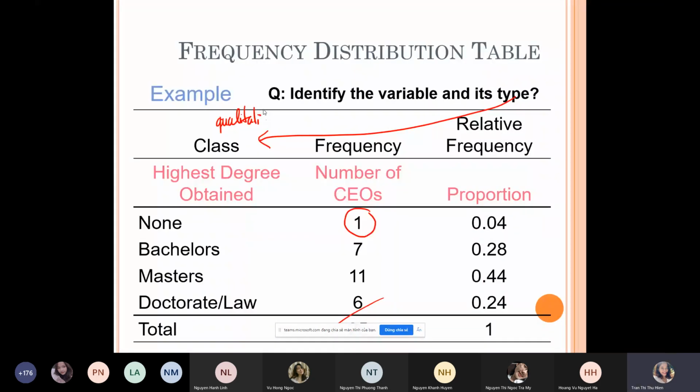What about the scale for your variable? Ordinal, yes, because you can order the data.